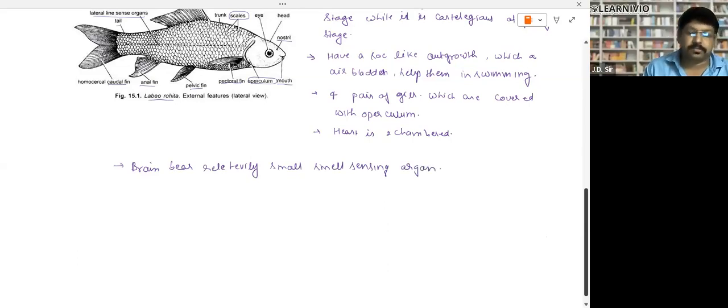Sharks have the larger smell sensing organ. And the lateral line, I have already told you, is meant as a sensory organ. So the lateral line is well developed.